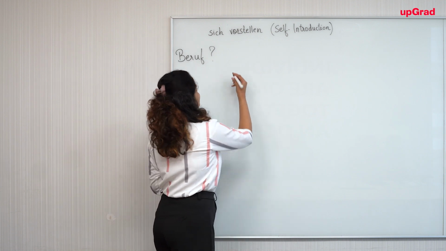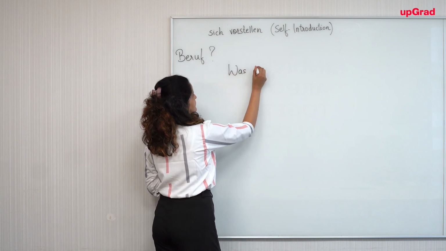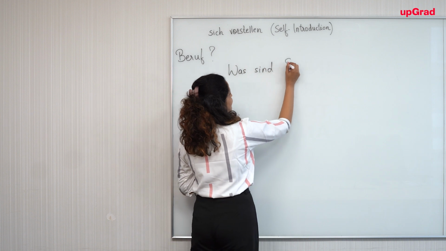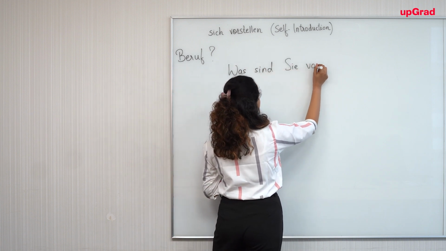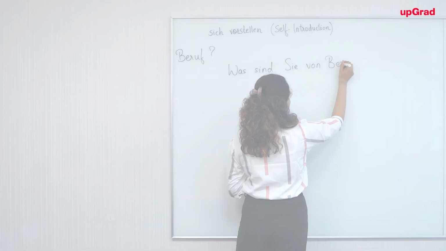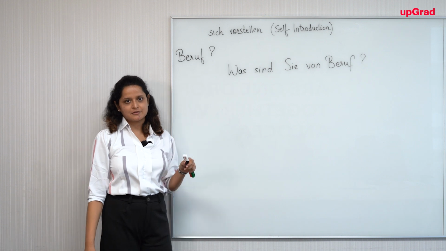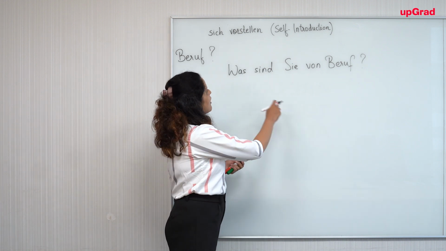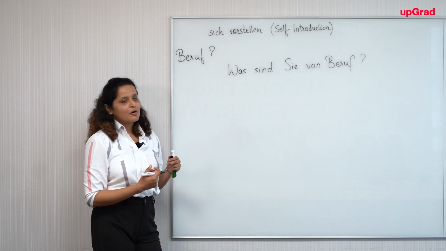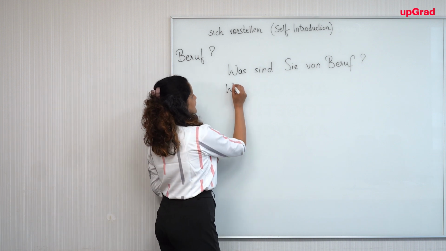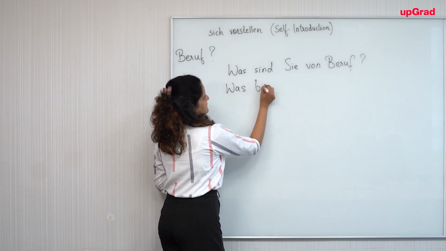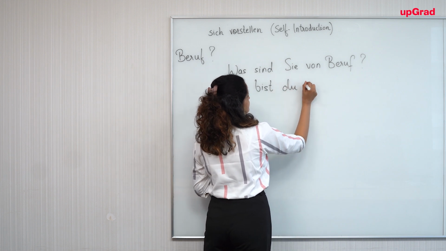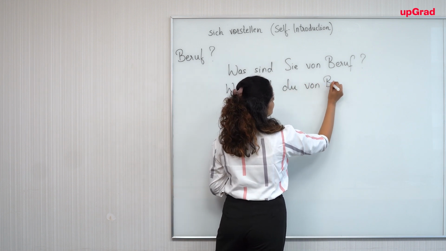The question for that is, was sind Sie von Beruf? This is you asking the opposite person, what are you by profession, or what is your profession? Or we can make an informal question with it, that is, was bist du von Beruf?